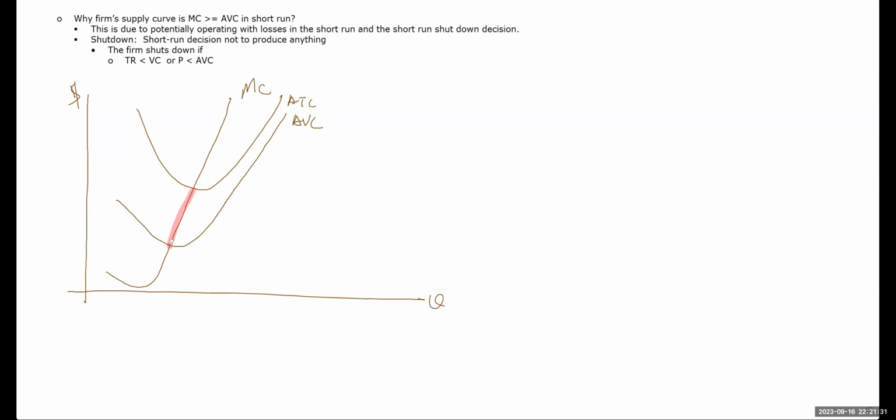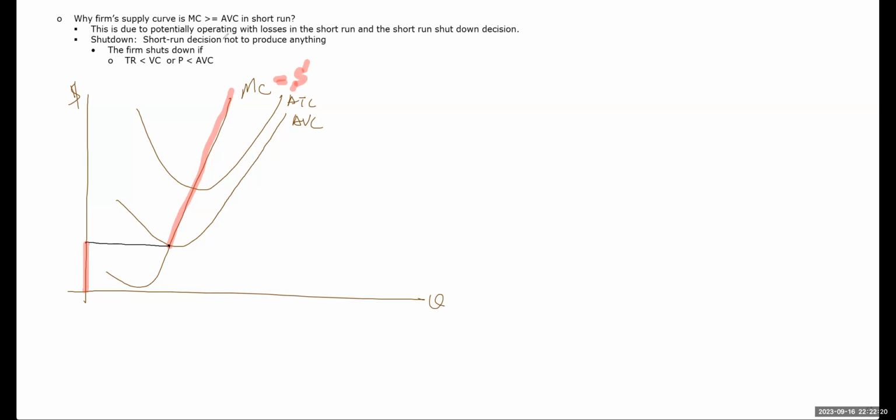This shaded region right here, starting right here. For a firm in the short run, their supply curve is the marginal cost curve that's greater than or equal to average variable cost.